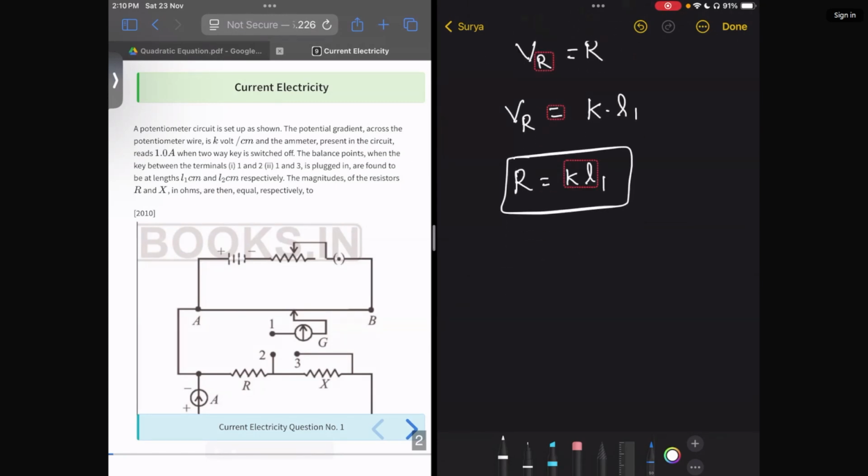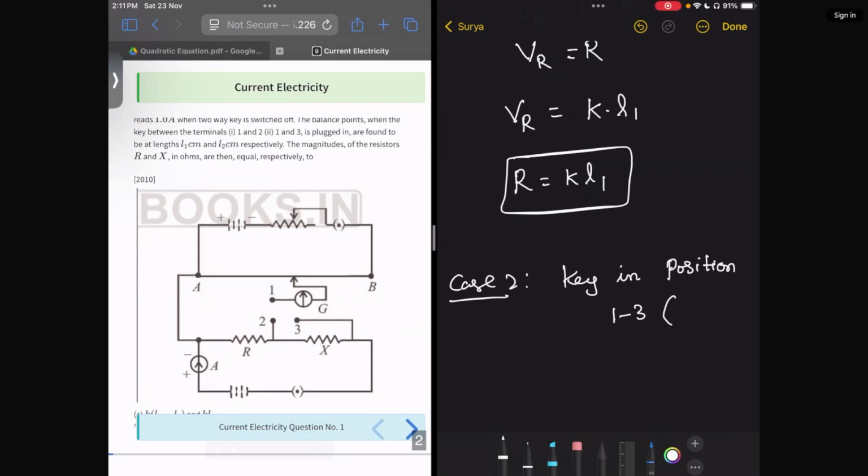Now suppose case 2, the key is in position 1-3. Now the resistances R and X are both connected in series as shown in the figure.